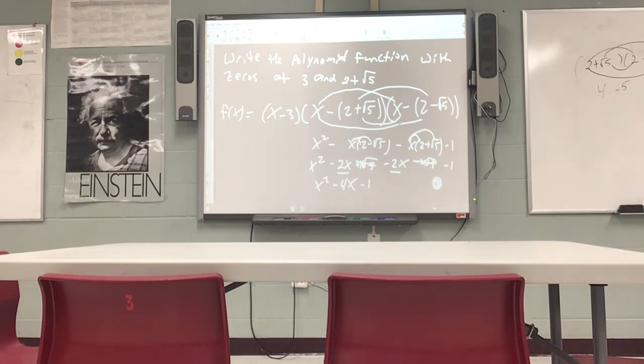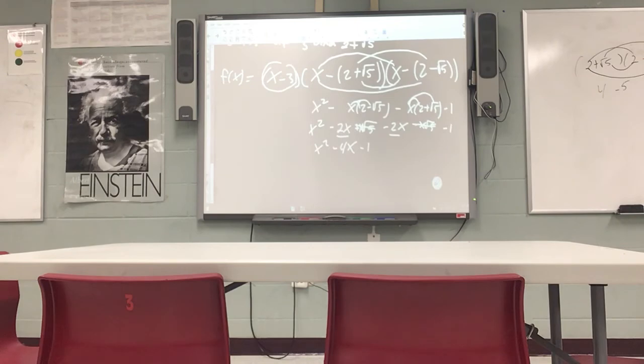Now, we got that as normal looking as possible. We gotta bring down our x minus 3 to the party. You can stack it vertically if you want to. Remember that day we did that? I'm just gonna put it out in front and distribute normal. So that's gonna get me an x cubed minus a 4x squared minus an x.